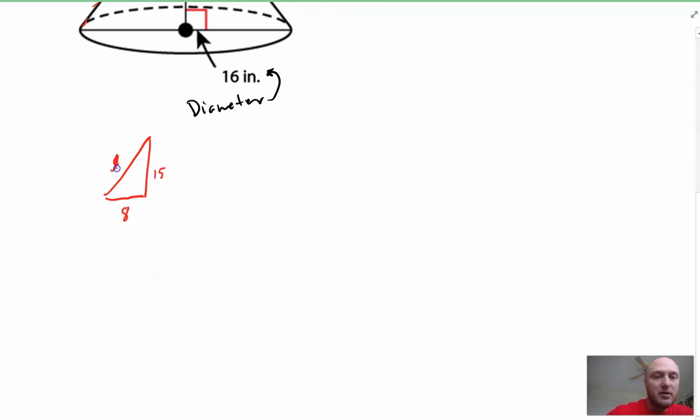Actually, I'll use L. 8 squared plus 15 squared is equal to L squared. That gives 289 is equal to L squared, and the square root of 289 is 17.